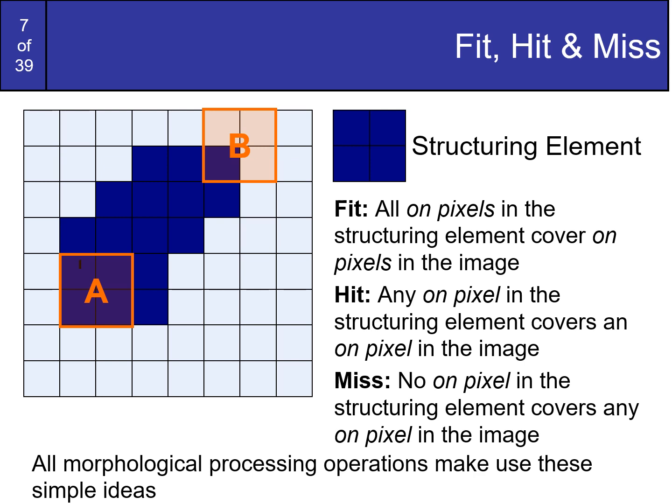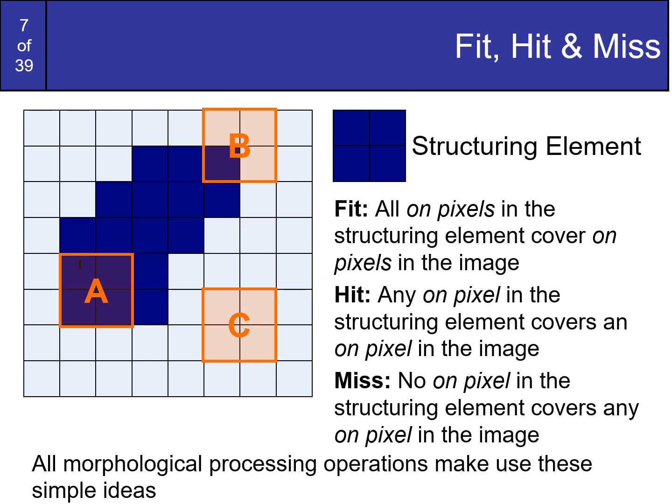And the last situation is miss. Miss is the simplest to understand, which is when no on pixel in the structuring element covers any on pixels in the image. So an example is when we put the structuring element on location C, where none of the structuring element pixels cover any pixels of the object on the image, or any on pixels on the image.